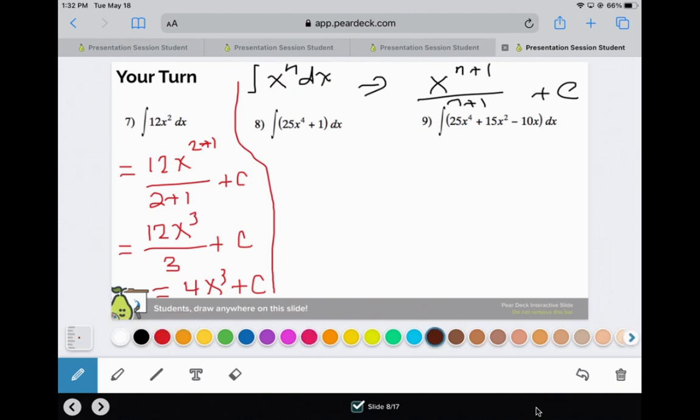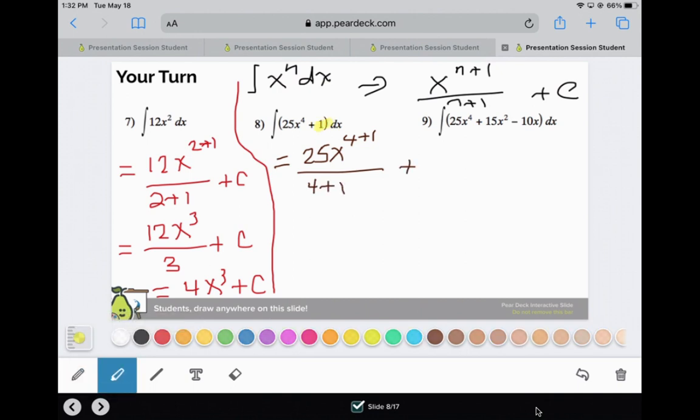You're going to do the same thing for the next problem, even though you have two terms, 25 x to the fourth plus 1. Do the same thing, okay? 25 x to the fourth power, I would do plus 1 over 4 plus 1. Plus, now if you look at this one right here, the 1, if it's a constant, it would just simply turn into 1x.